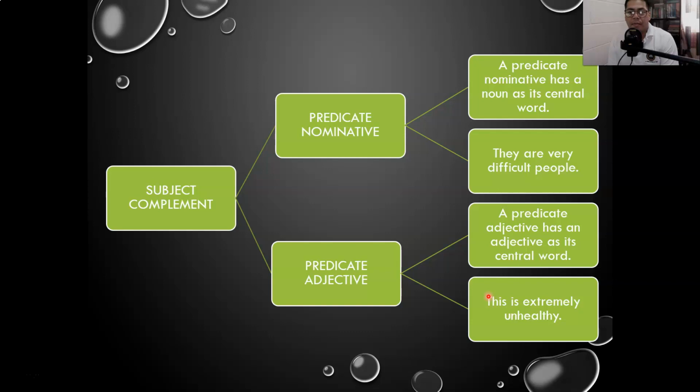Jorge became mad at his cousins. Jorge became what? Mad at his cousins. So mad is an adjective. Mad at his cousins is actually the predicate adjective in this case.